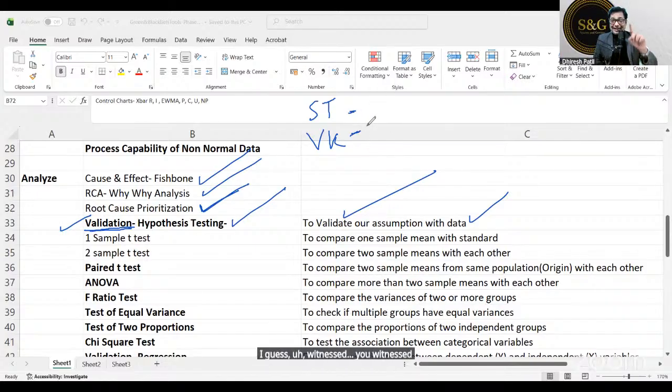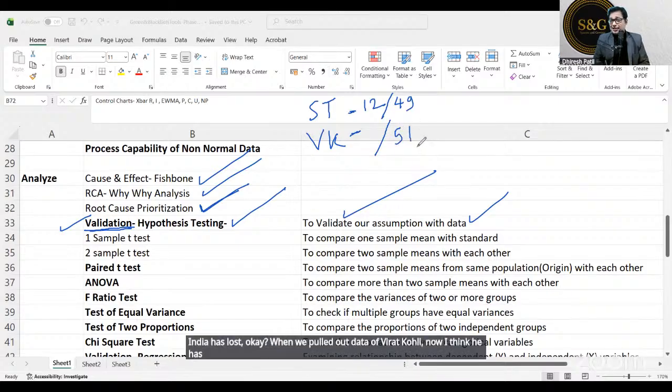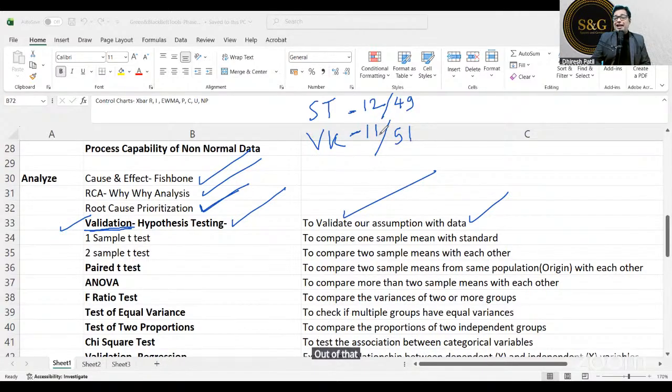Now understand, when we check the data, out of 49 centuries Sachin Tendulkar has made, India has lost 12 matches. When we pulled out the data of Virat Kohli, I think he has made some 51 or 52 centuries, I'm not sure about it, and out of that, approximately 11 matches were lost.